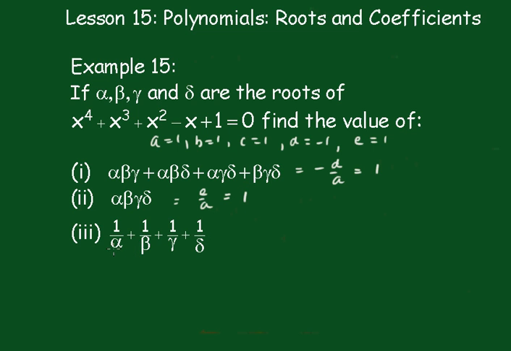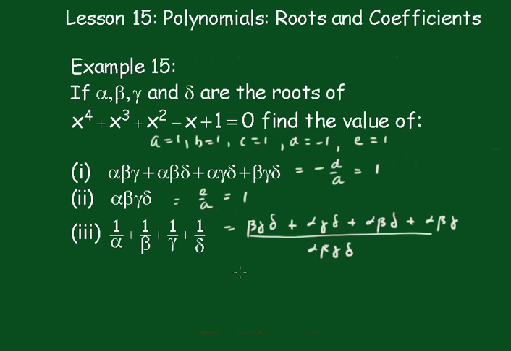Okay, now this part here, putting over a common denominator of alpha, beta, gamma, delta, we'd have to multiply this one by beta, gamma, delta, so that would be equal to beta gamma delta, and this one will be by alpha, gamma, delta, and this one here would be alpha, beta, delta, and this one finally will be alpha, beta, gamma, all over the common denominator of alpha, beta, gamma, delta.